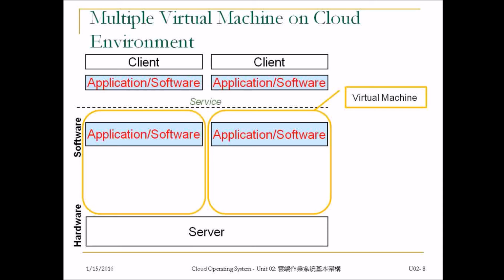So these two client users provide their own requirements individually to the cloud platform. Then, according to the corresponding computing resource requirements, two different virtual machines will be established based on the computing resource pool. Of course, these two client users can require different applications or software embedded in their own virtual machine.